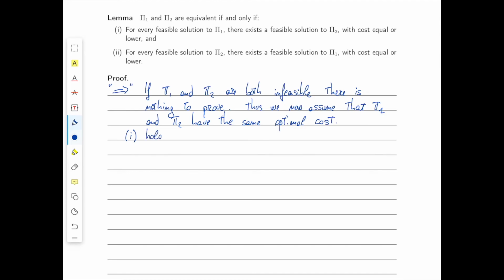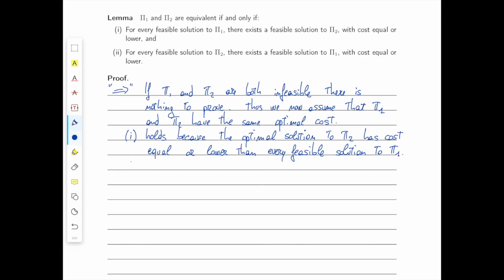So 1 holds because the optimal solution to pi2 has cost equal or lower than every feasible solution to pi1.